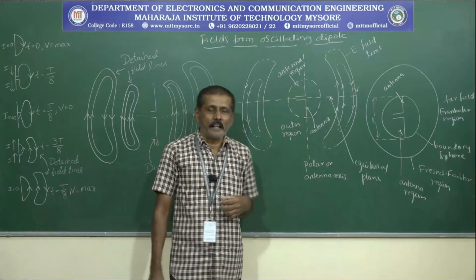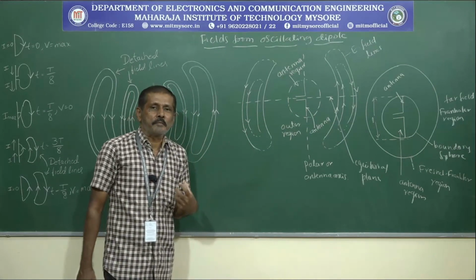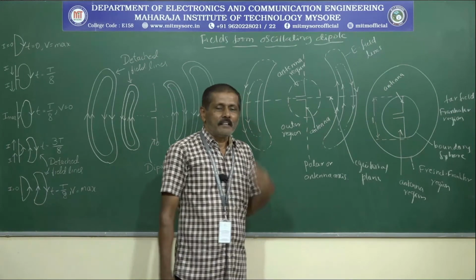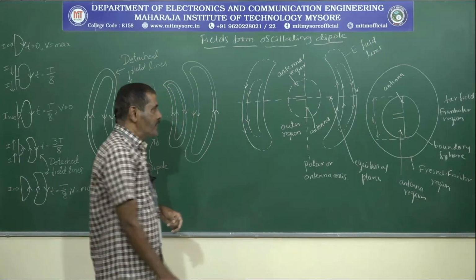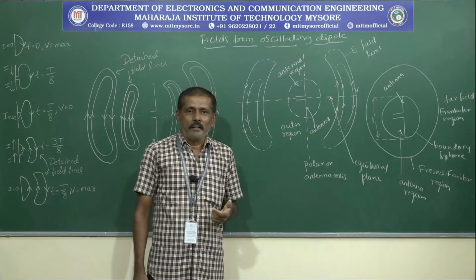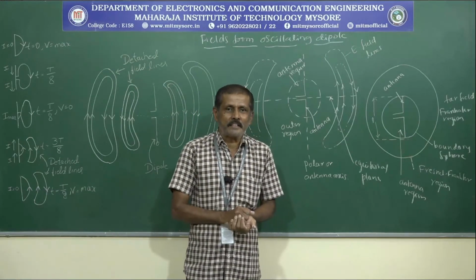Whenever we consider any antenna, we come across two types of regions. One is the antenna region, another one is the outer region. The antenna region is the one where you have the electromagnetic fields.